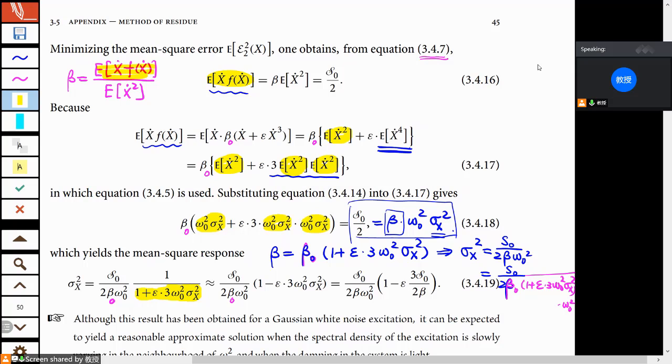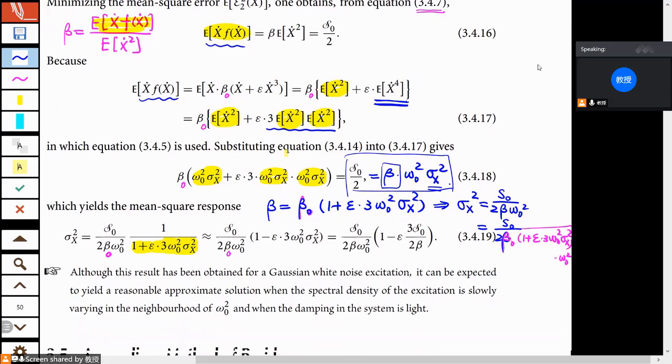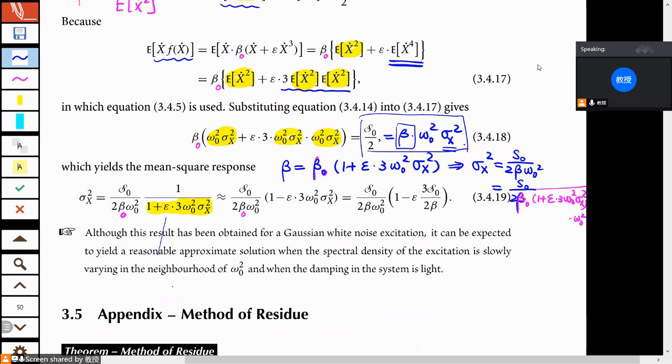So for this term we use the Taylor expansion, a series. 1 over 1 plus x is 1 minus x plus x squared minus x cubed, and so on, for x small. That's a Taylor series.